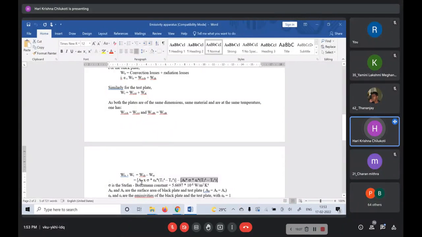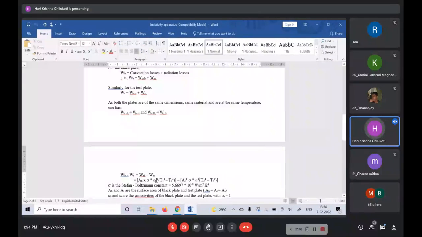Here, AB is the surface area, sigma is the Boltzmann constant, and EB is the emissivity of the black body surface, and T1 to the power of 4 minus T to the power of 4 corresponds to the heat transfer rate from the black body surface, whereas WRT, that is the heat transfer rate by radiation from the test surface, is given by this particular formula, which is AT multiplied by sigma multiplied by epsilon t, that is the emissivity of the test surface, times T1 to the power of 4 minus T to the power of 4.